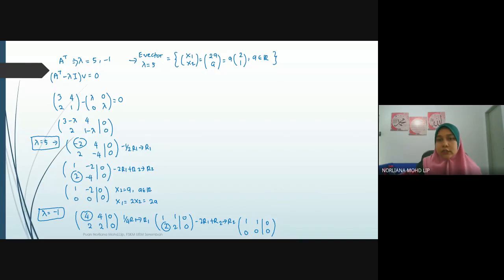So the free variable is also x2. And x1 equal to negative x2 from the first row, so equal to negative a. So another eigenvector for lambda equal to negative 1 is equal to x2, just factorize a, so negative 1 and 1.